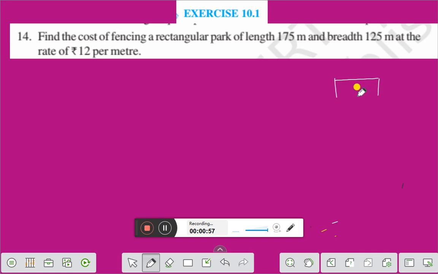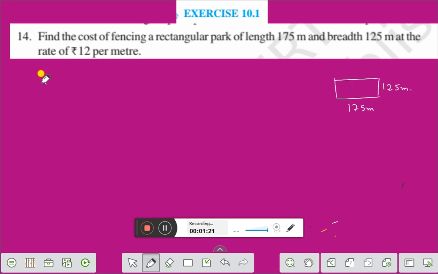Here the length is given. The length of the rectangular park is 175 meter, and the breadth is 125 meter. First of all, we have to find the perimeter of the rectangular park.